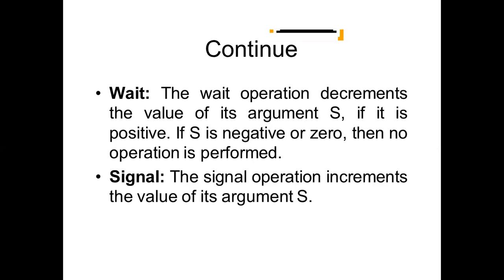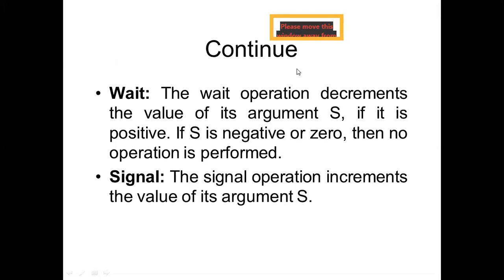So under the wait condition, you can see here how the operating system will deal with it. The wait operation decrements the value of the argument. Just remember this, there are two conditions here.